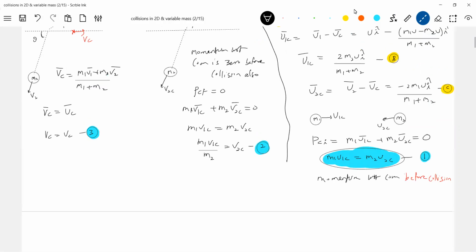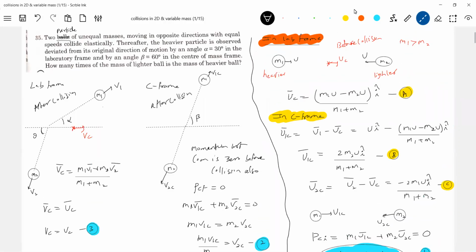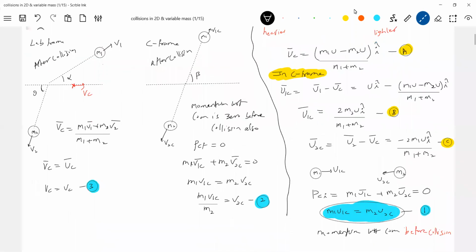V1C, you see V1C, how much is the angle of V1C? It is making angle beta equal to 60 degrees. What about V1? V1 was making an angle of 30 degrees here. So shall we combine these three vectors, and we know the velocity of center of mass, how the vector diagram will be. Try this. This is a very important part of the problem. So it will come like this, no?